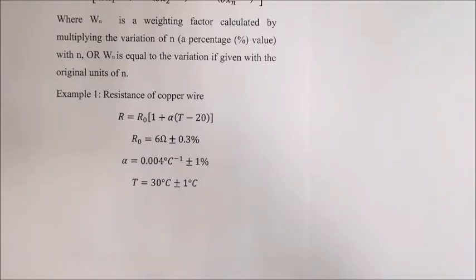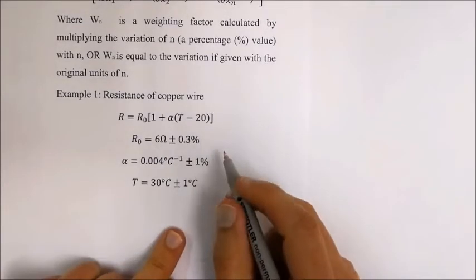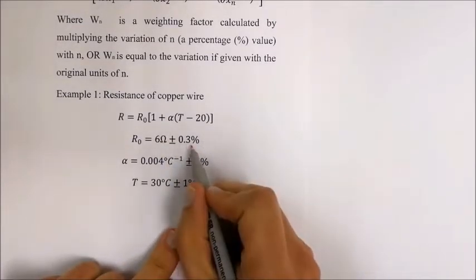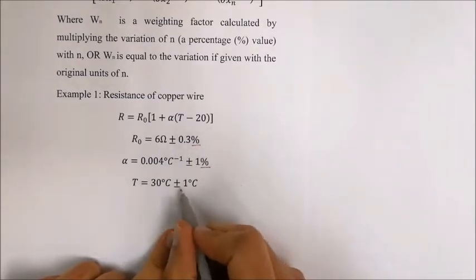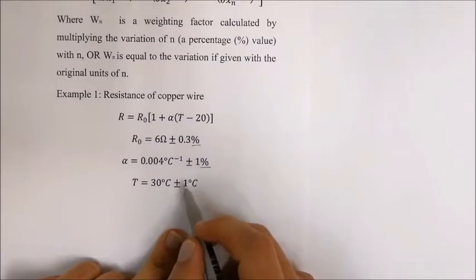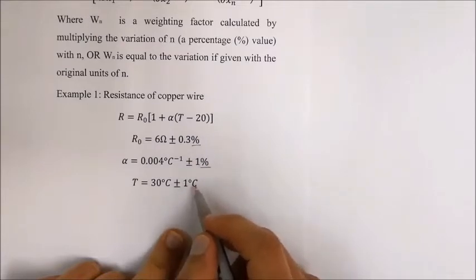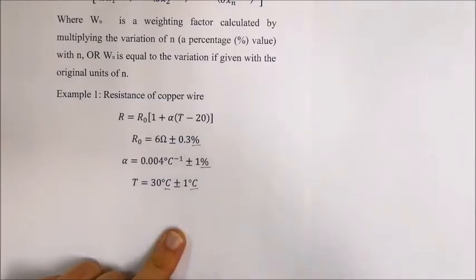Something quite important to look at here is that for all the other variables we've got percentage values, yet for the temperature the plus minus value of 1 degree Celsius is the same unit as the nominal value.